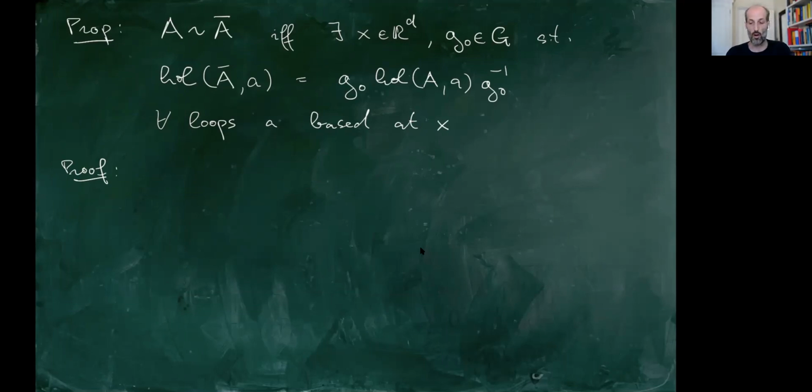What I have to do is essentially exhibit an element of the gauge group which transforms A into A bar.